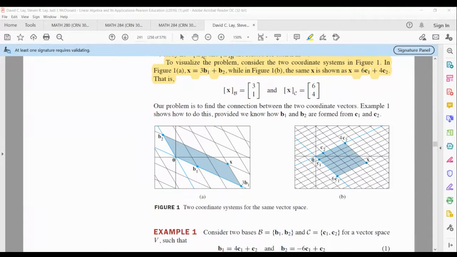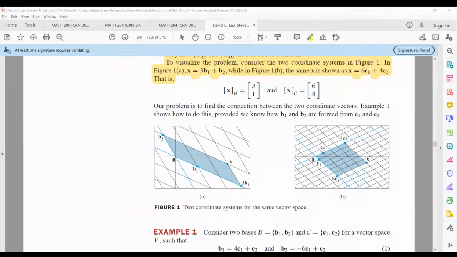Okay, so on the left in figure 1, they have vectors b1 and b2, which form a basis. And you notice in figure 1, they're not giving you any scale on the axes, so you can't give a coordinate for vector b1. They're doing that on purpose.